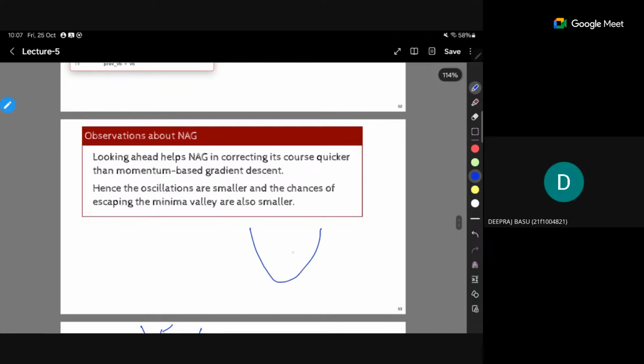When we pass the local minima, we will have gradients in the opposite direction now, so that will lead us in a better direction.